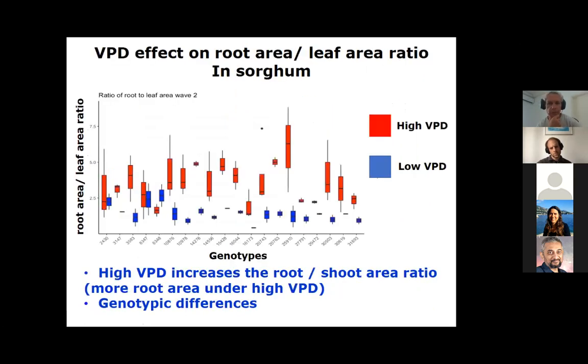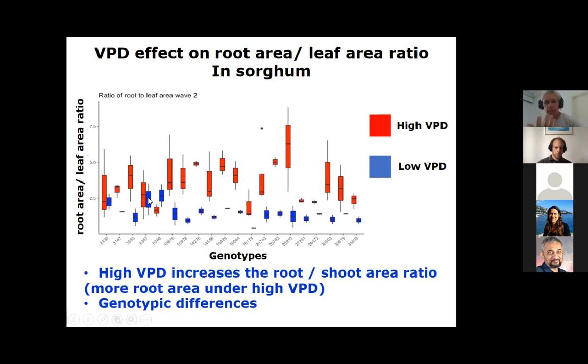What we did also was to measure the root area to leaf area ratio, again in plants grown either under high VPD, in red, or low VPD, in blue. Here is the root area to leaf area ratio in different genotypes, that's 20. As you can see, by and large, the root area to leaf area ratio increases. I say by and large because in some lines the increase is very large, and in some lines there's no change.